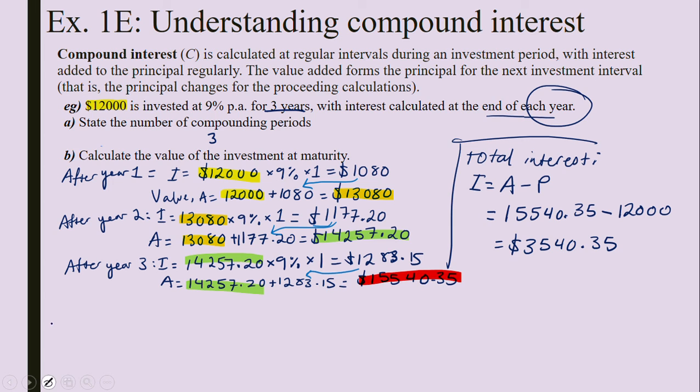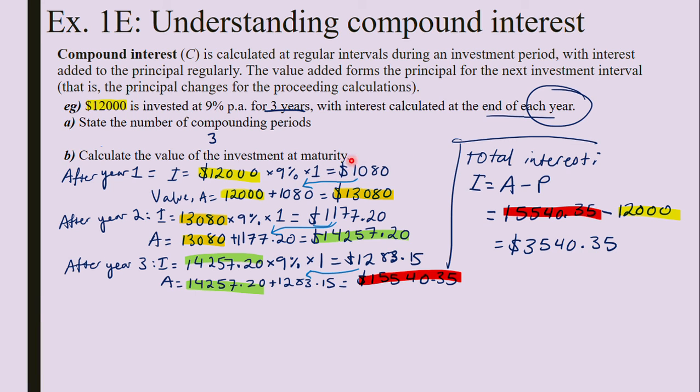Okay, so again, taking that final amount that we calculated here and subtracting the amount that we started with, that 12,000. Okay, we get our final answer of $3,540.35.